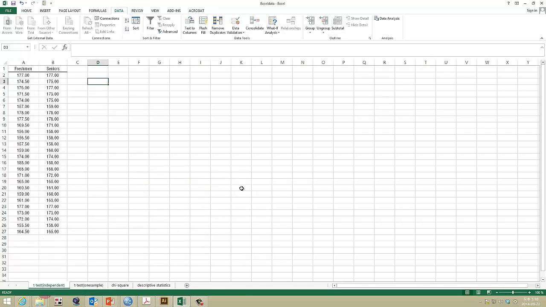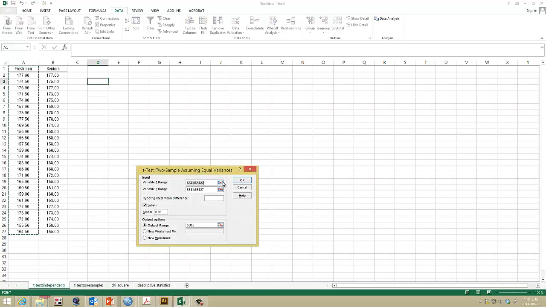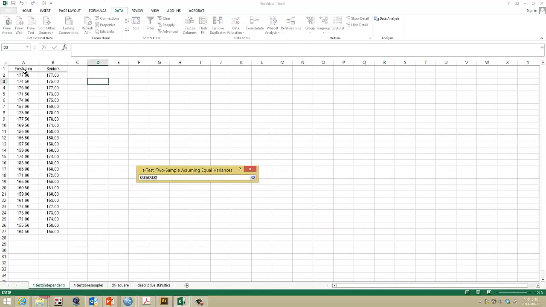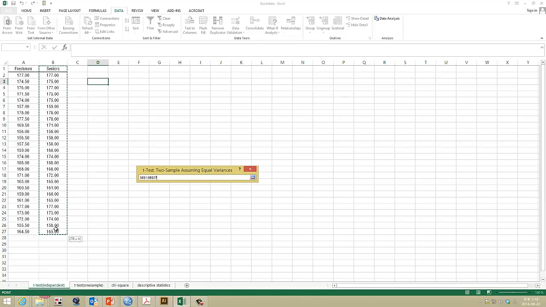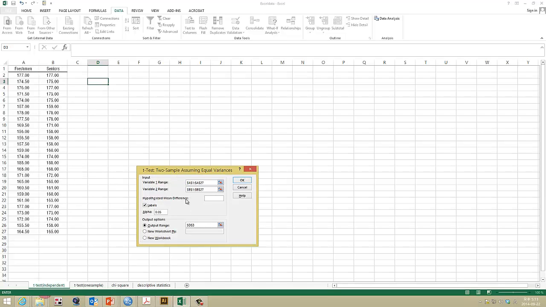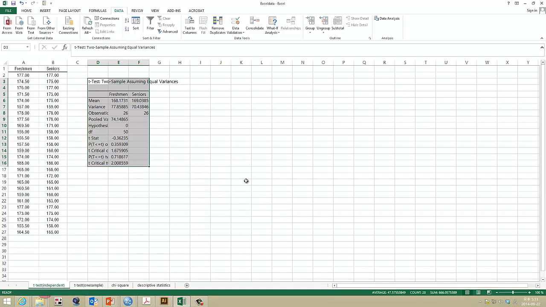So here, we assign the first range and then second range to compare. The first row is considered as a label, so I clicked here, and our alpha level is usually set 0.05. And my output will start from this cell. Click. Okay, here you go.